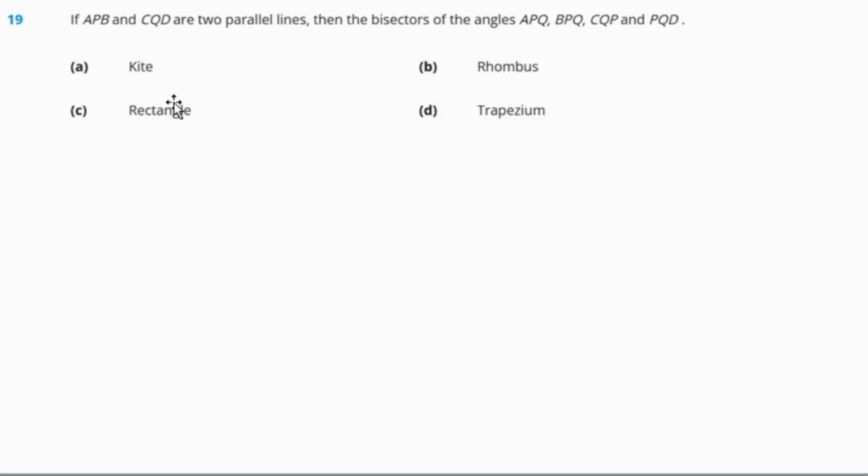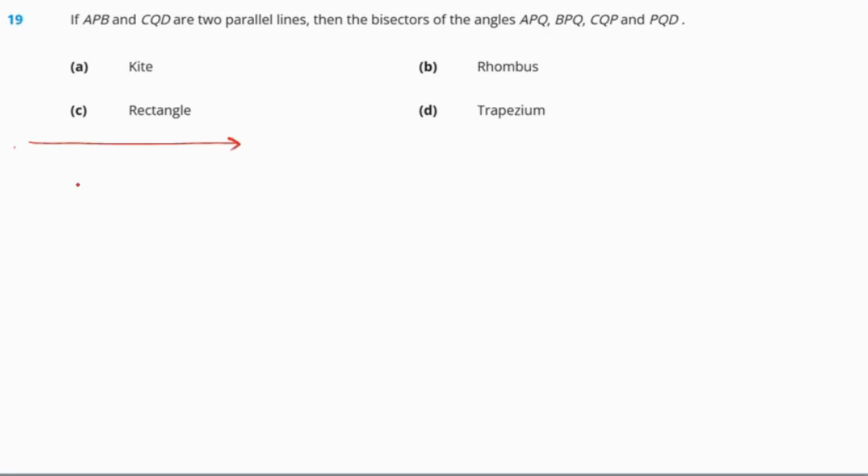Now the next question. The next question is saying that if APB and CQD are two parallel lines, then the bisectors of the angles APQ, BPQ, CQP and PQD will be what? Okay, so either it could be a kite or rhombus or rectangle or trapezium. According to the question, what is given to us is APB.